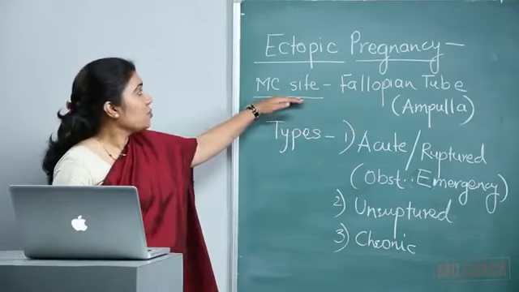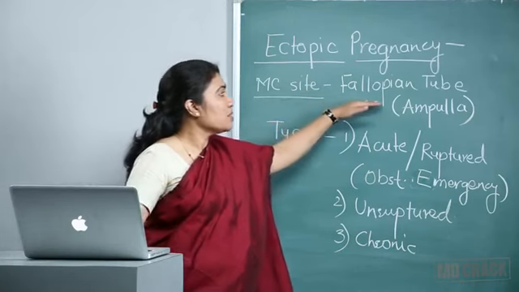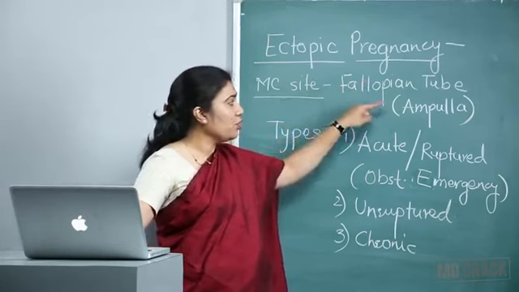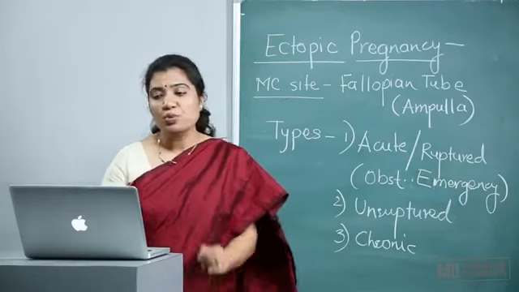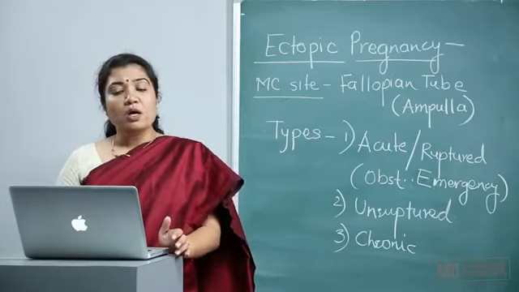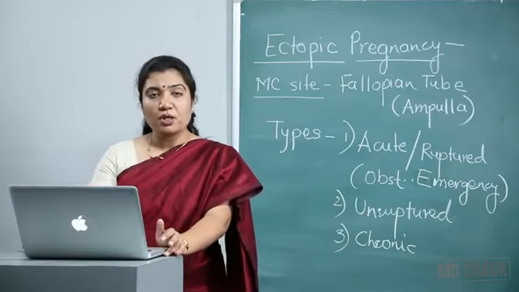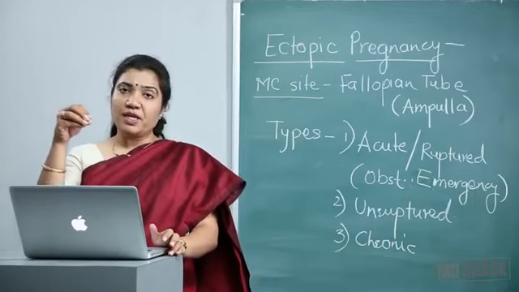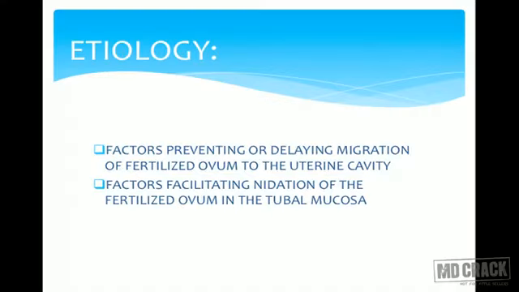Again, I want to stress this point that the most common site of ectopic pregnancy is the fallopian tube, and in the fallopian tube the ampullary region is the most common. What is the etiology? Usually when fertilization takes place in the fallopian tube, the ciliary action of the fallopian tube muscle or the interstitial ciliary portion brings that embryo to the uterine cavity and there the implantation takes place. This is a normal phenomenon.